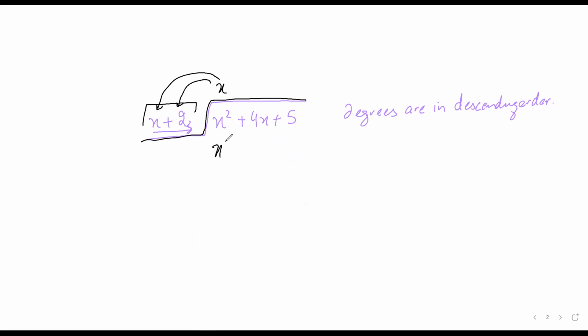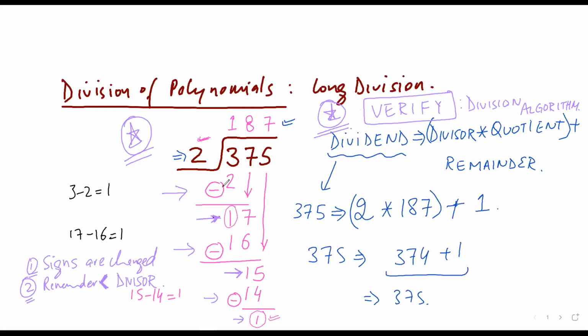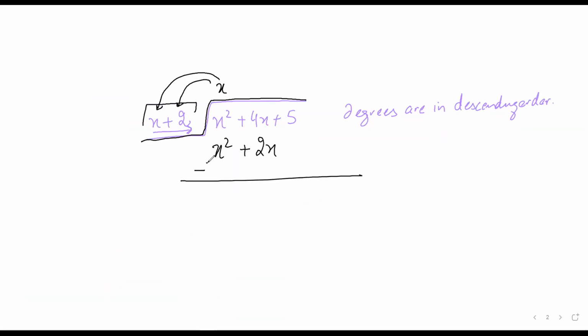Now, how will this get eliminated? So, x square plus 2x. How will this get eliminated? Because of this step, this negative. And you need to change the sign using this circle. Have you understood? Yes, sir. This circle will remind you that you have changed the sign.